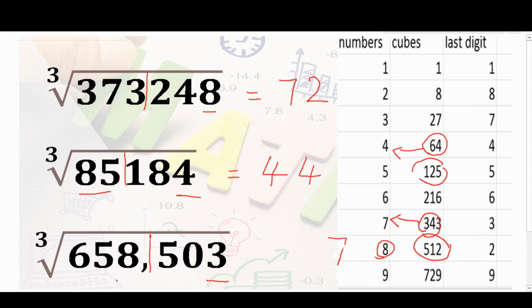I have 658. See where 658 lies. 658 is lying between 512 and 729. I go with 512. 512 is 8 cube. So the answer is 87.